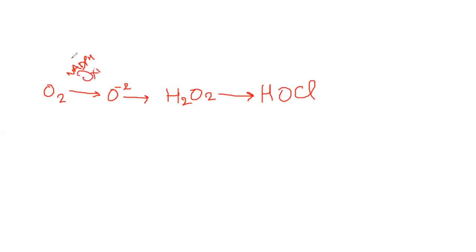So NADPH oxidase is helping convert oxygen to superoxide, and then the superoxide is converted into hydrogen peroxide by an enzyme called superoxide dismutase. And then this hydrogen peroxide is converted to HOCl by an enzyme called myeloperoxidase.